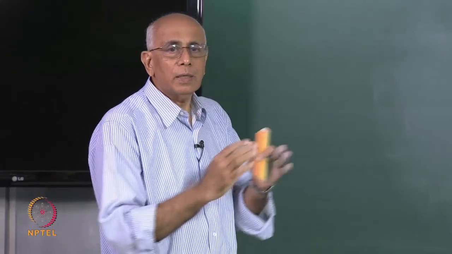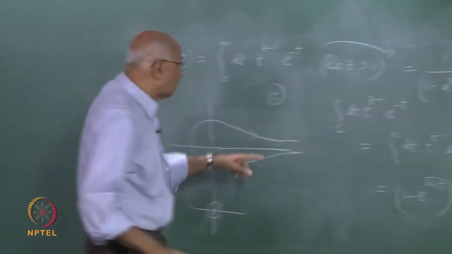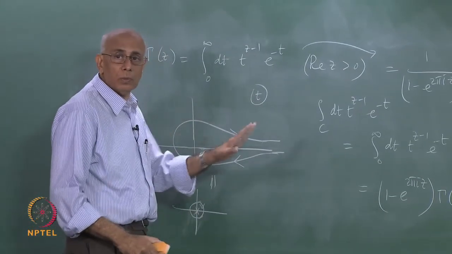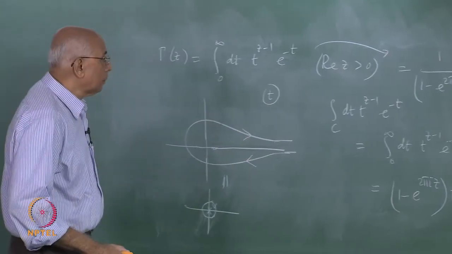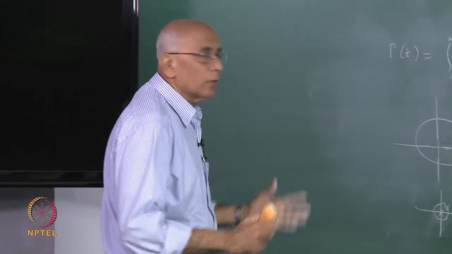But typically it is an integral representation, and the important thing to remember is that in this instance you cannot open this contour out. This is the best you can do. It is useful in many ways.